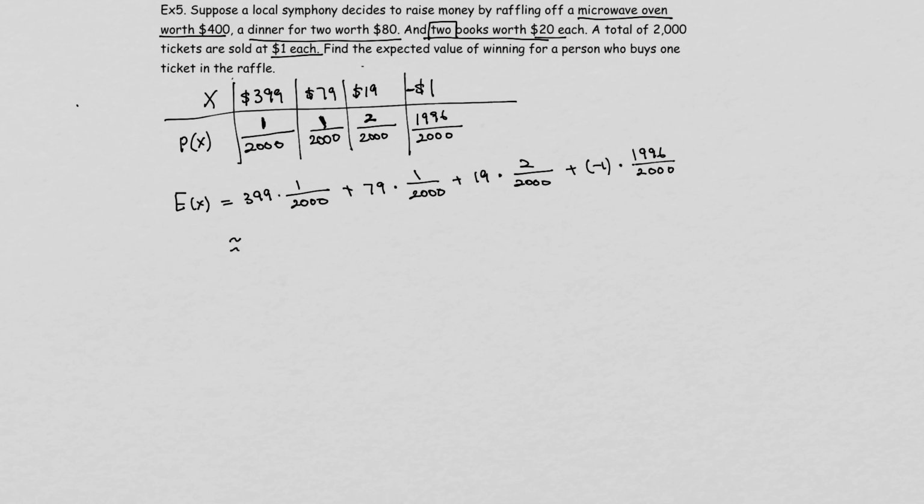And when you plug in all those numbers, it looks like I will get negative 0.74. Having a negative expected value means that you're going to lose. You're going to lose this much if you play this game over and over again, let's say 50 times, 100 times. You expect to lose 74 cents, that is your expected value. So in other words, you're going to lose anyway, so why play, right?